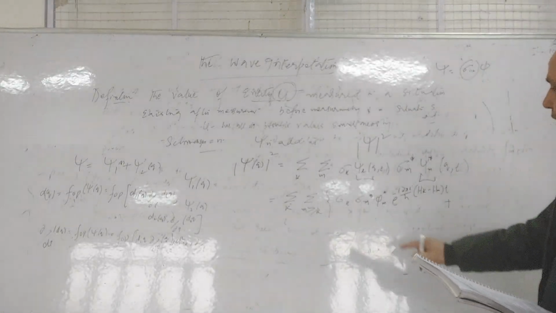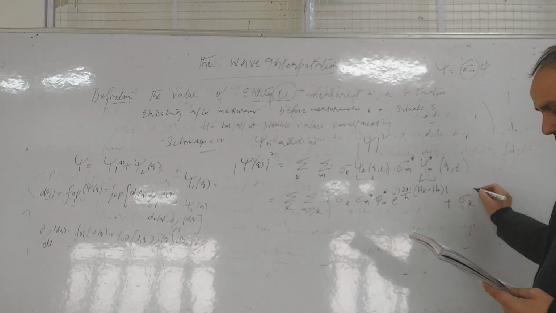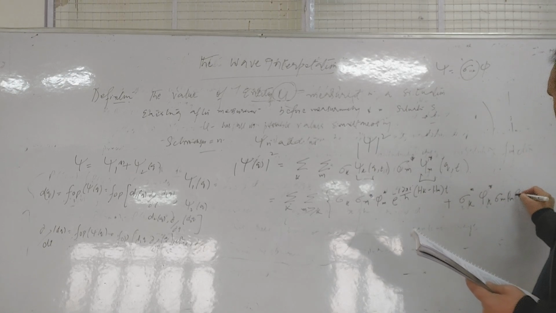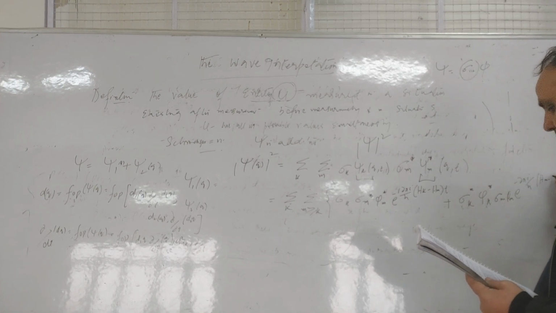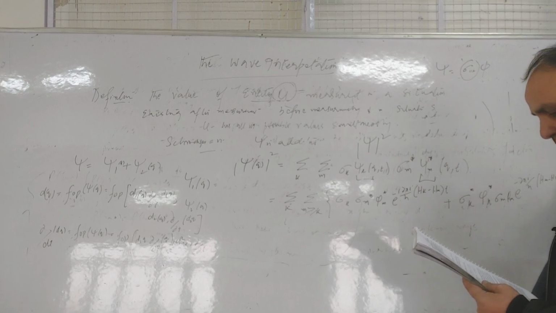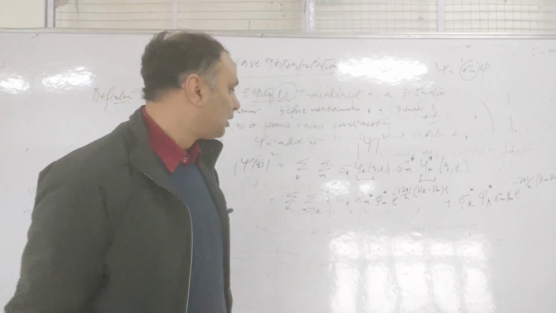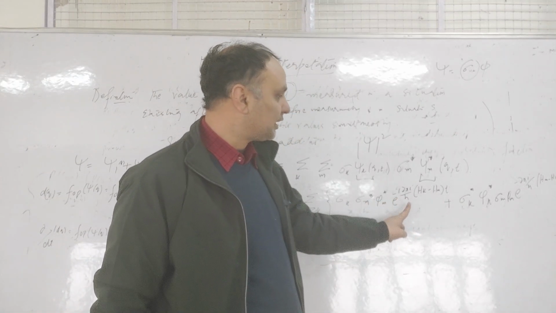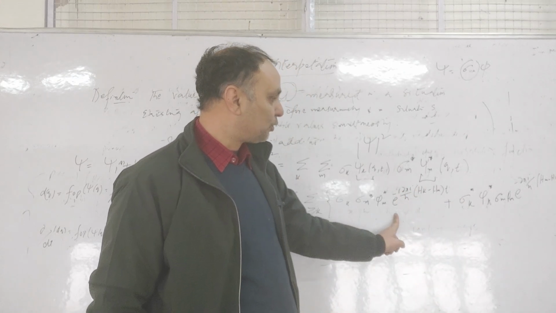So this equation can be written in terms of sigma k star, phi k star, sigma m, phi m, e to the power minus 2 pi iota by h, (E m minus E k) into t. Again, if it's a complex wave, we can write it in terms of cos and sine, the minus sine will cancel, and we will have cos and cos.